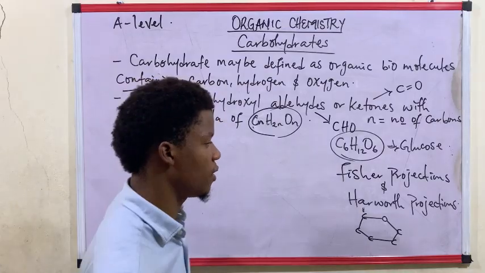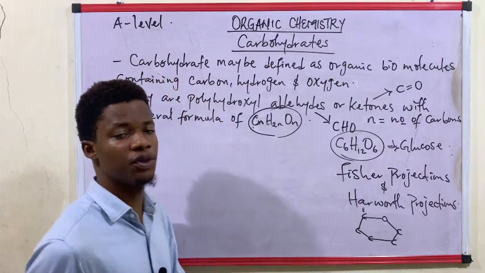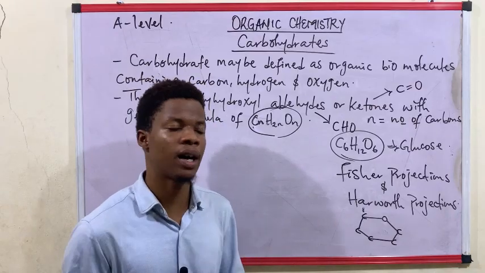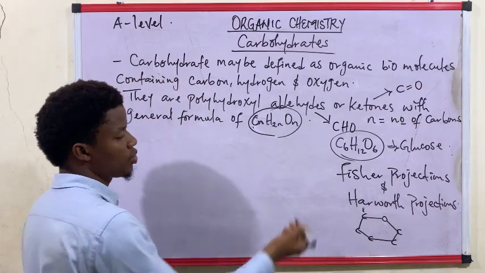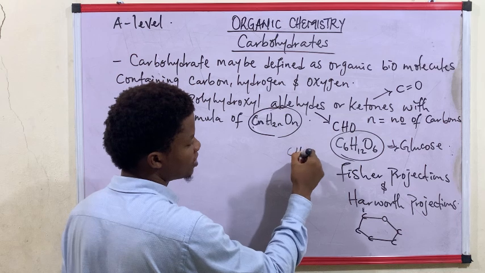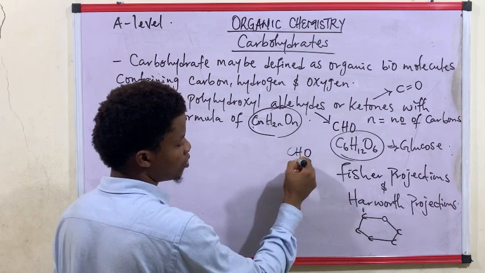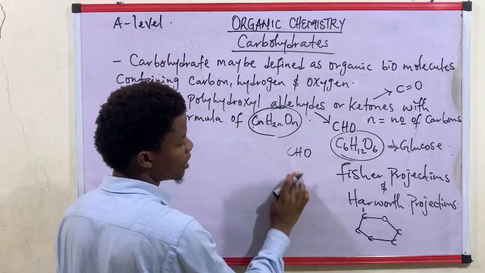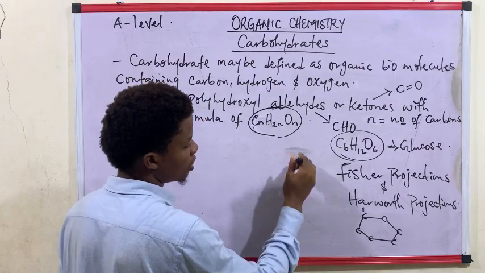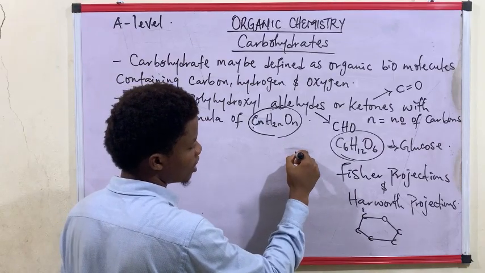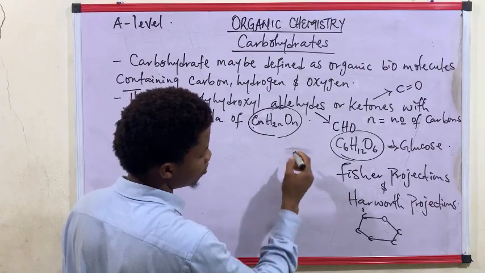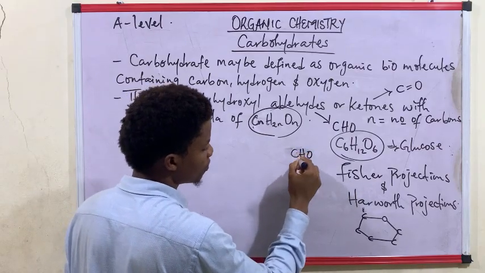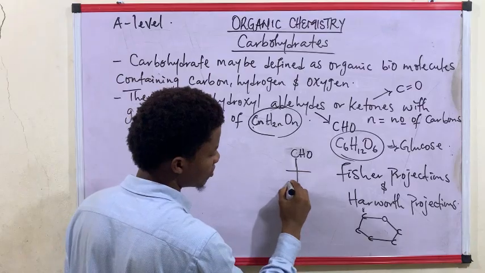Then we have the Fischer projection. For the course of this video, we are going to be working with the Fischer projection. It's a much simpler structure. So when you see something like this, for example, CHO, then you just have an arrow, or sometimes you can do it like this.